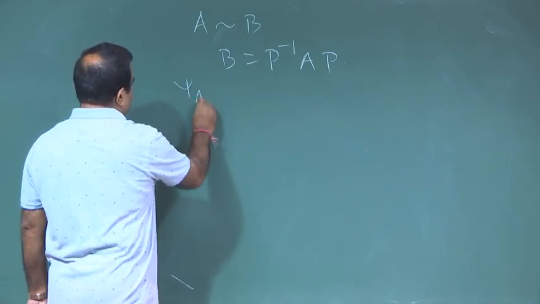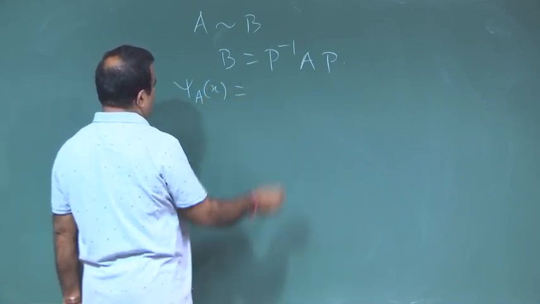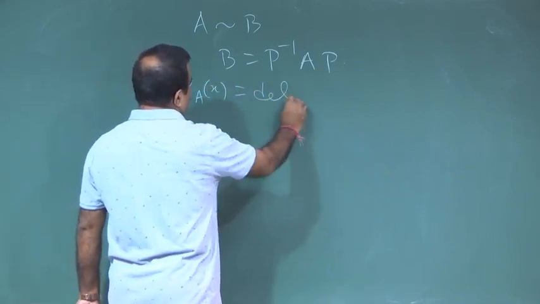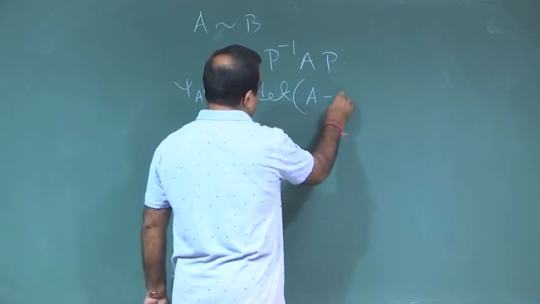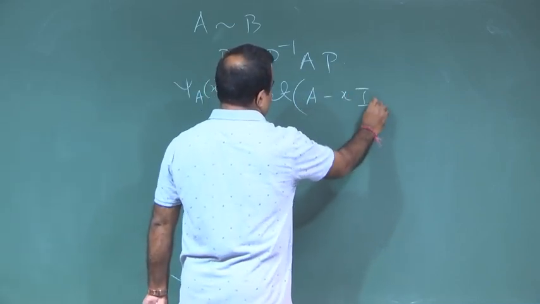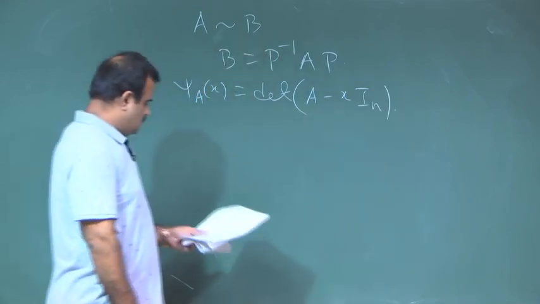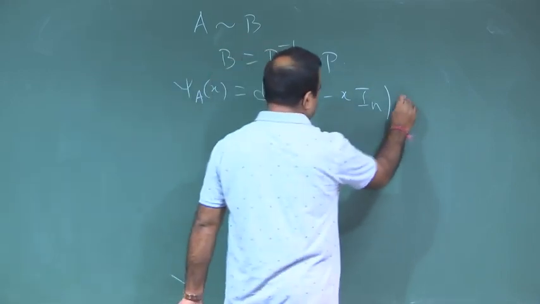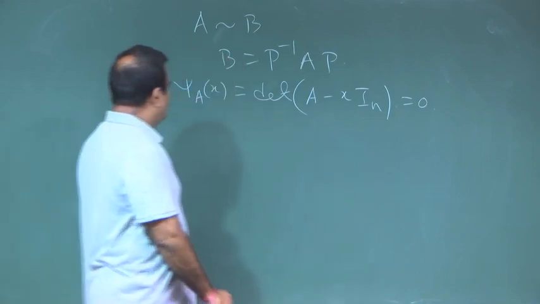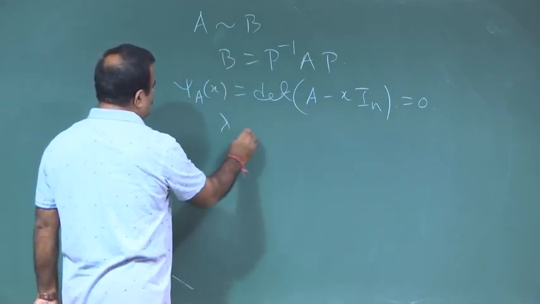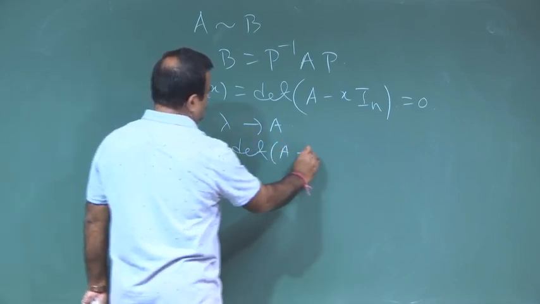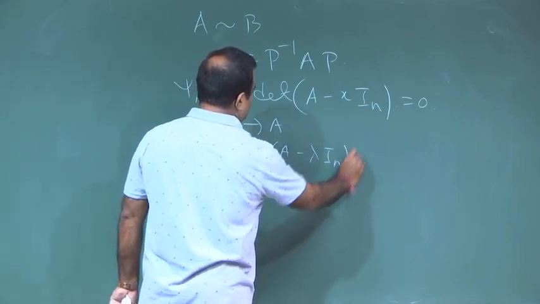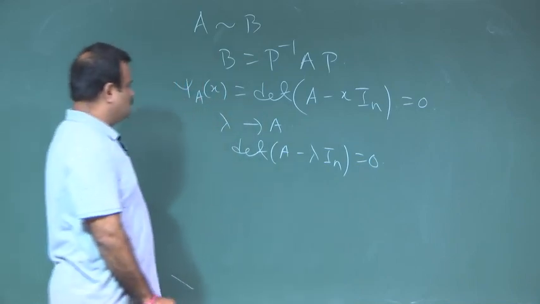The characteristic equation of A is the determinant of A minus x I n equal to 0. Or if lambda is an eigenvalue of A, then we have determinant of A minus lambda I n equal to 0.